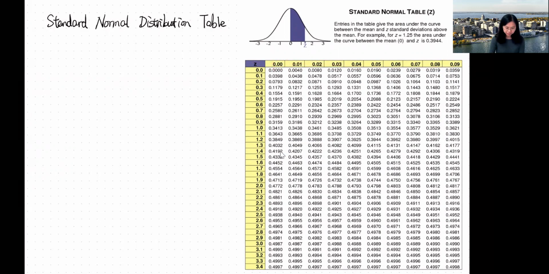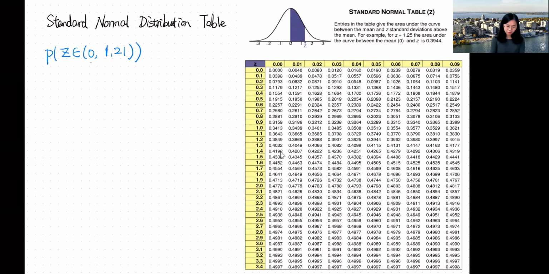For example, if you want to know the probability that z is in the interval 0 to 1.21.